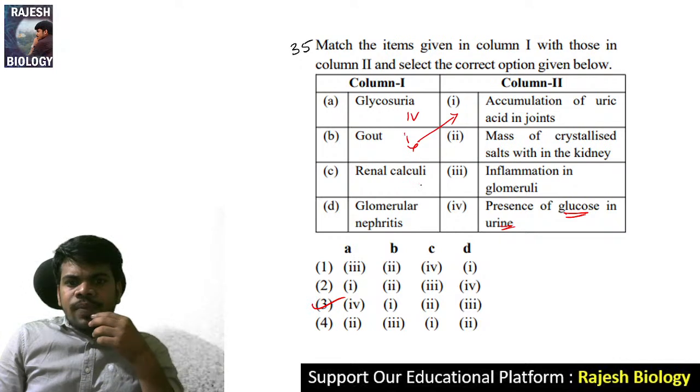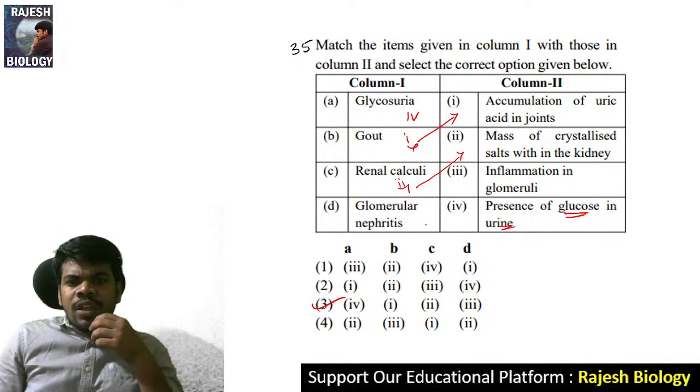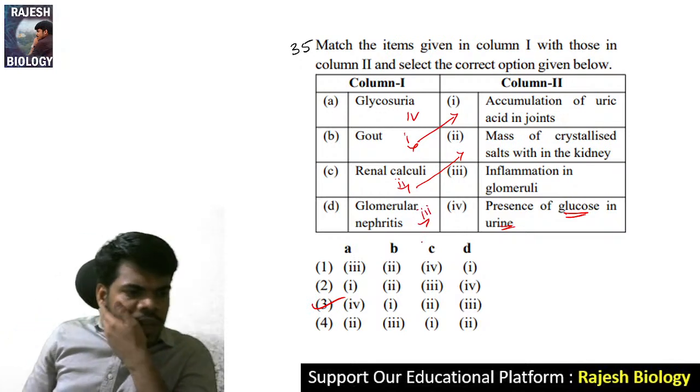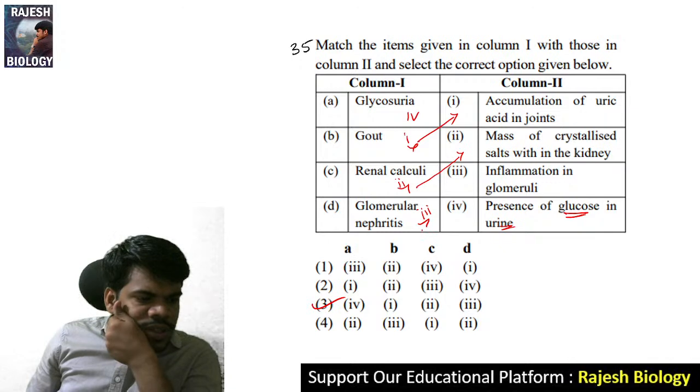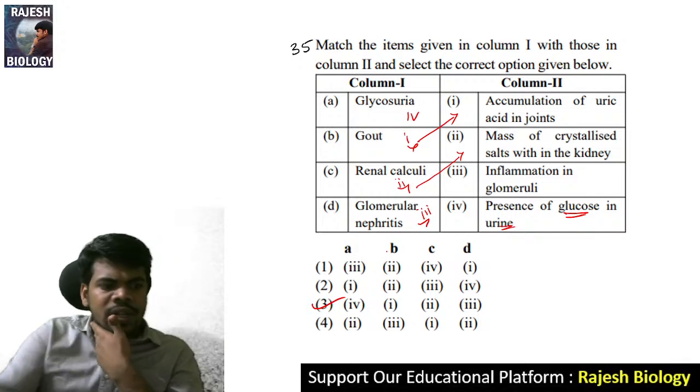Renal calculi. Mass of crystallized salts in the kidney, that is called kidney stones. Glomerular nephritis, inflammation of glomeruli. So 35, 3. Who says first? Chinnu, Gnaneshwari, Saujanya and Akshaya. Very good. The right answer is 3.